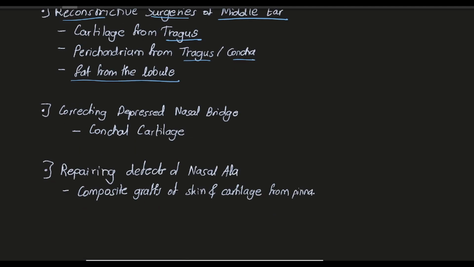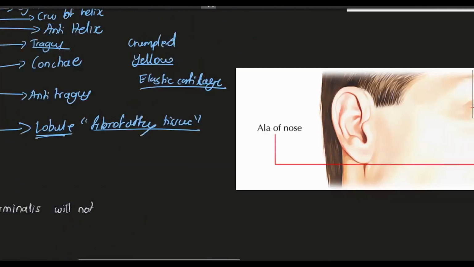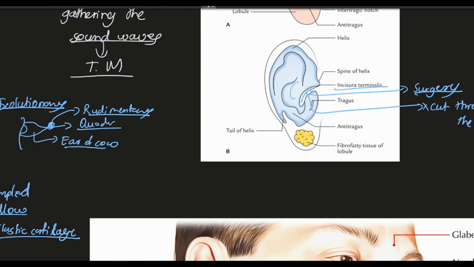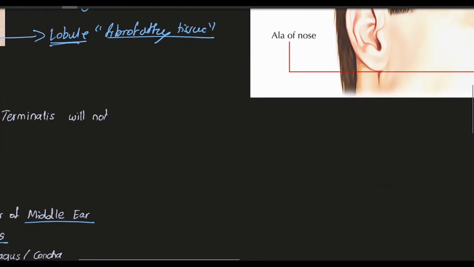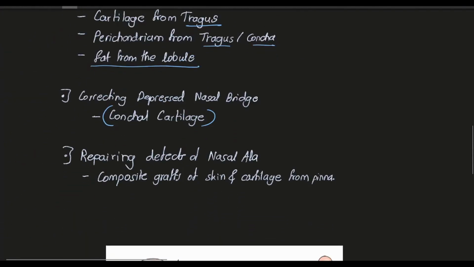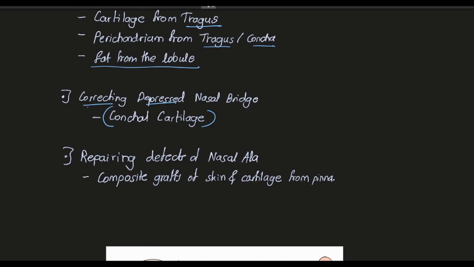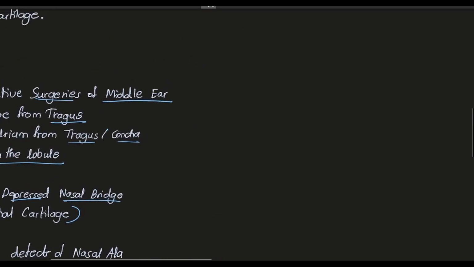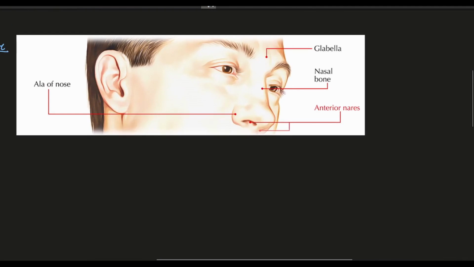And the conchal cartilage, I will show you, this part, can be used for correcting the depressed nasal bridge. In this image you can see our nasal bridge, right? If it is depressed, the conchal cartilage can be used to correct it.